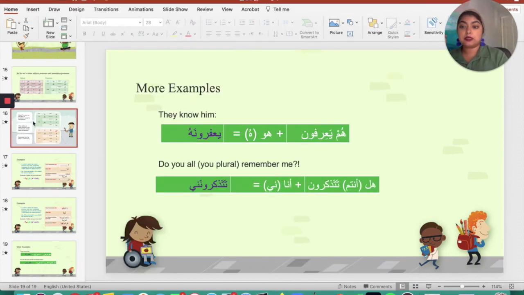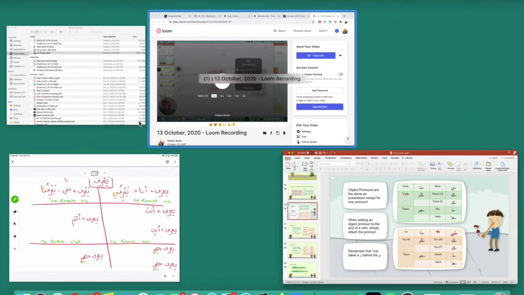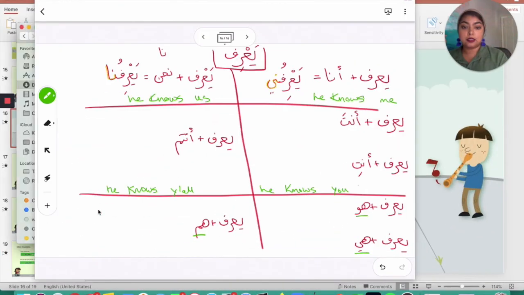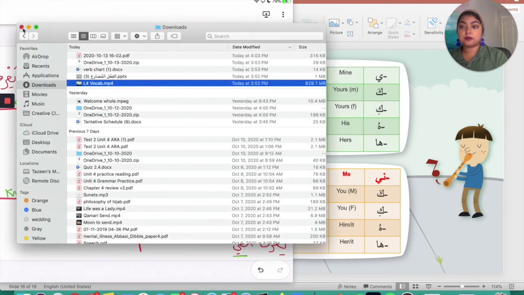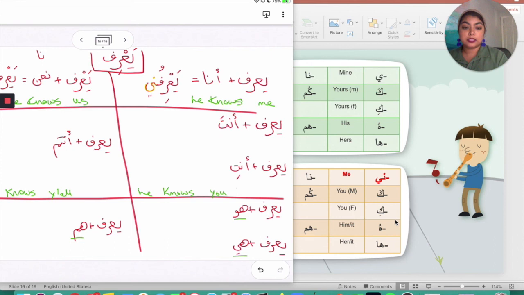Okay. So يعرف plus أنت. So let's look here. You can keep this chart open at the same time. So you can keep that chart open. Okay. So يعرف plus أنت. أنت, we're going to add here a kaf. So we have يعرفك.